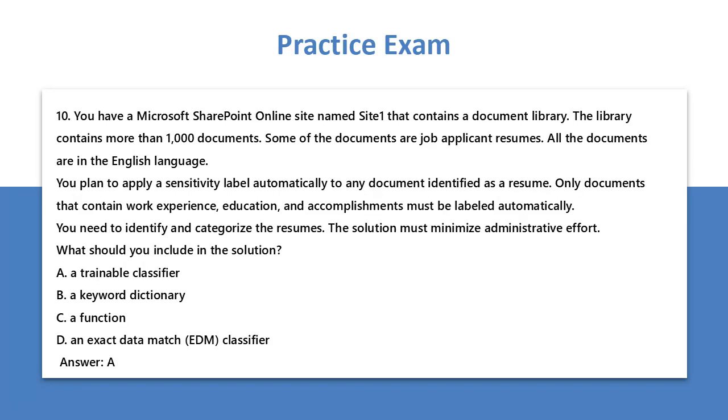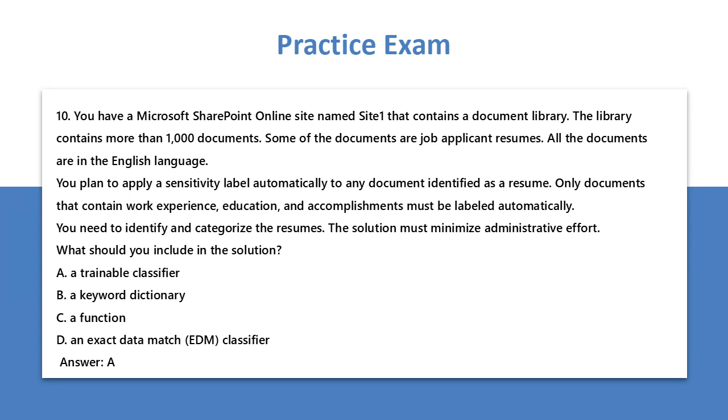10. You have a Microsoft SharePoint Online site named Site1 that contains a document library. The library contains more than 1,000 documents. Some of the documents are job applicant resumes. All the documents are in the English language. You plan to apply a sensitivity label automatically to any document identified as a resume. Only documents that contain work experience, education, and accomplishments must be labeled automatically.